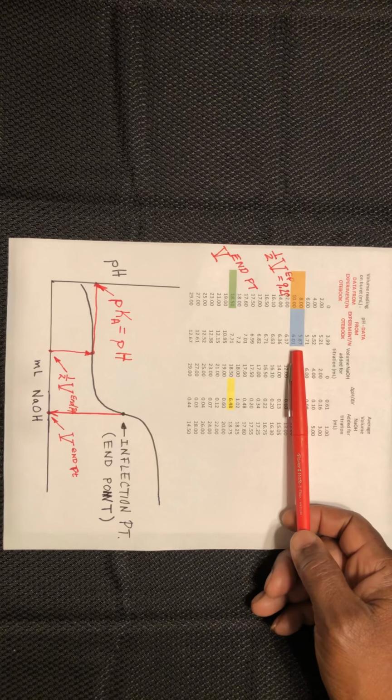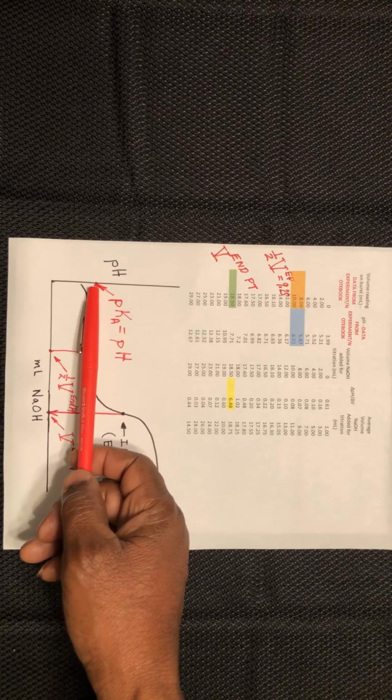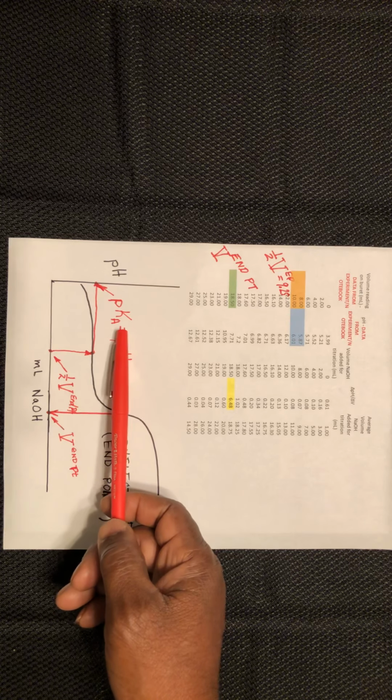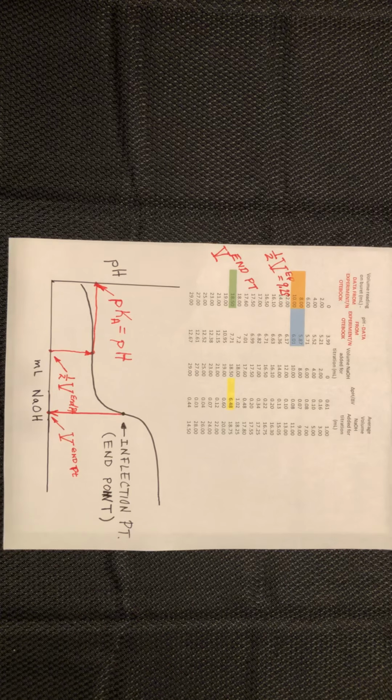And so therefore, 5.96 will equal the pH at the halfway point, and therefore will be equal to the pKa that we're seeking. That is the system that I want you to use.